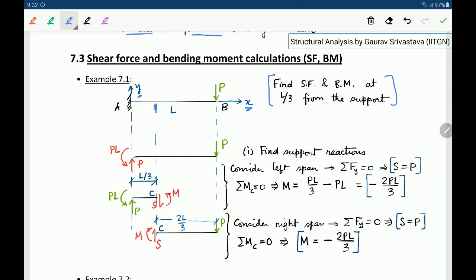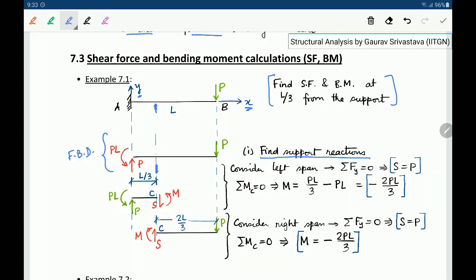So the first thing will be to find the support reactions. In this case, first we draw the free body diagram which shows the support reactions. So the support reactions will be just P and PL, right? And now to calculate the shear force and the bending moment at L by 3, we cut the span at L by 3.